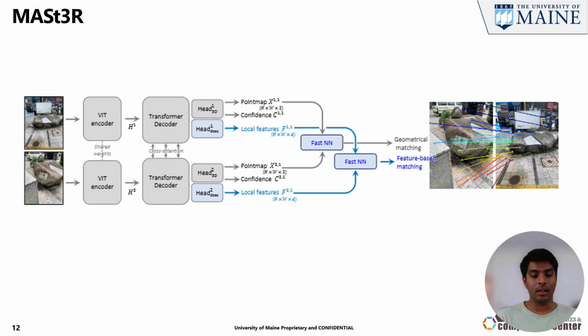It has the attention mechanism, it works with transformers, and on the base of that, it can capture both geometrical matching and feature-based matching when given two images. Newer models keep coming at a pace, and this model seems extremely promising for our problem at hand.